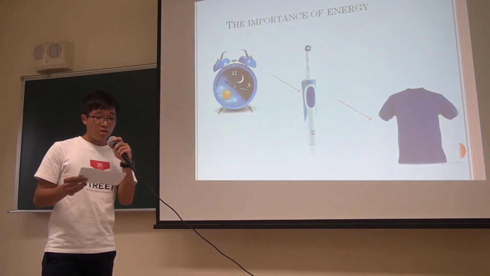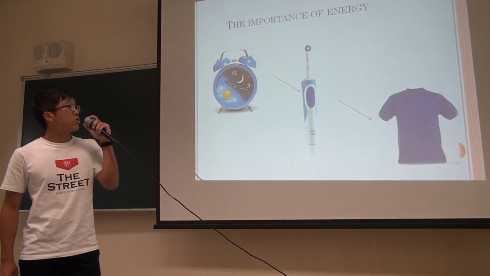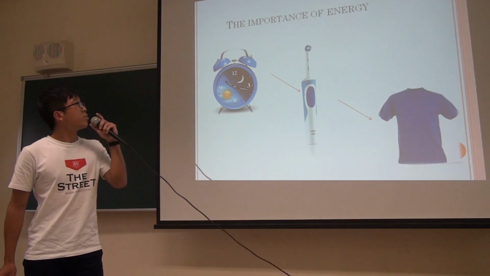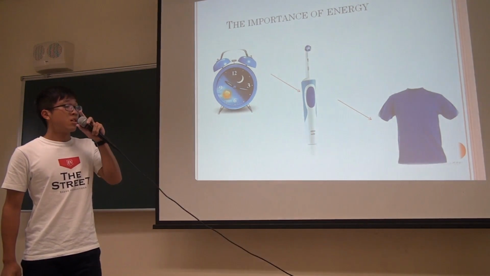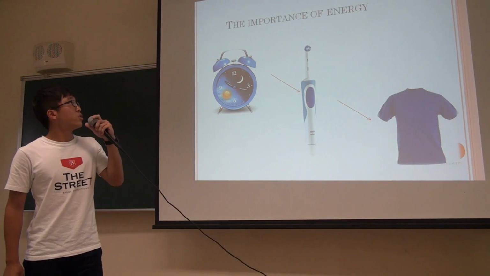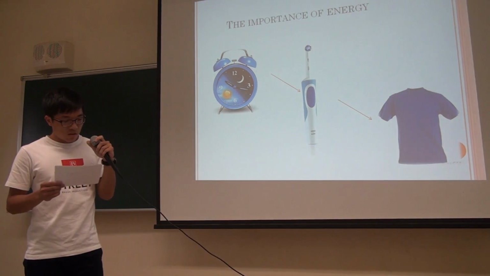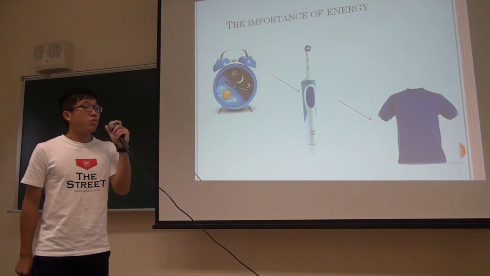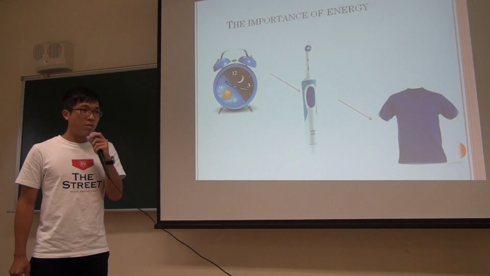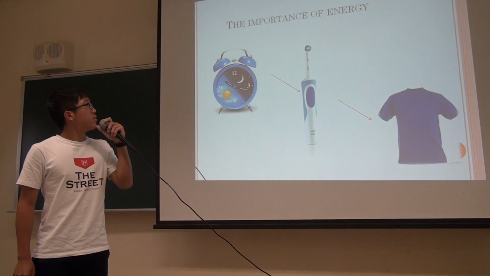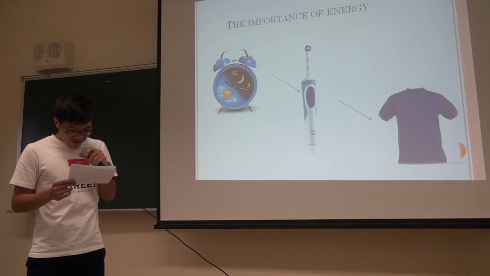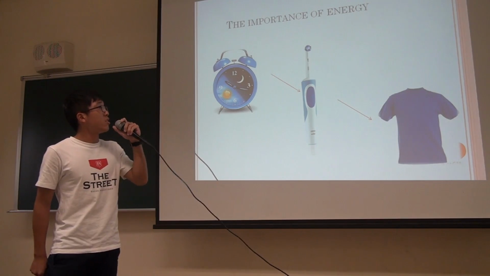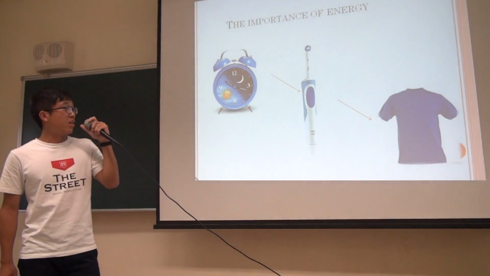And I'm going to tell you guys the main use of energy in each period. But in the beginning, I want to talk about how important energy is. From the time you wake up to when you go to sleep at night, energy has been involved in many aspects.